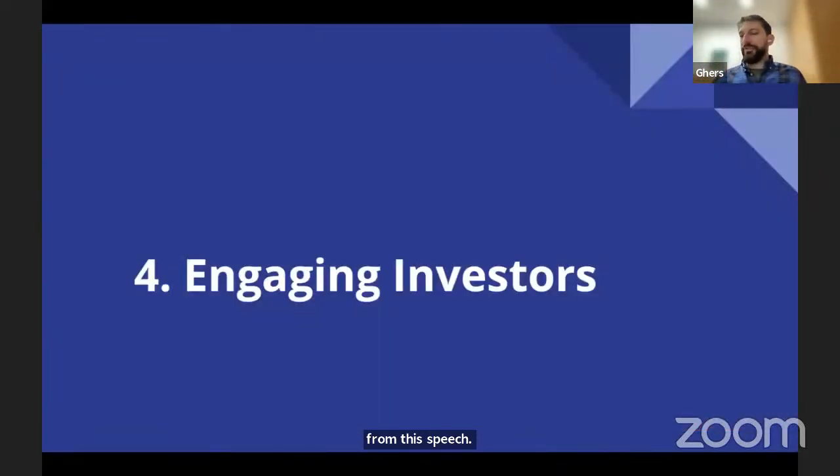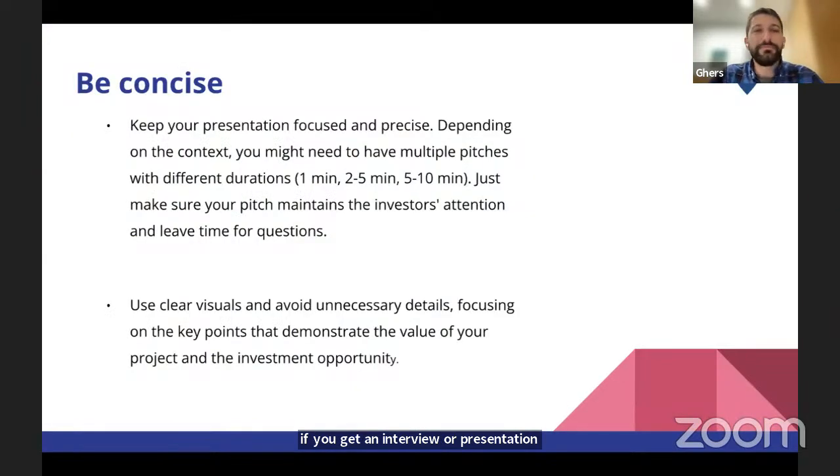So yeah, after looking a bit at the structure, the last thing we want to go over here is a few tips on how to best engage investors if you get an interview, a presentation with them. Okay, so one of the key things is that you need to keep the presentation focused, precise, as short as possible.